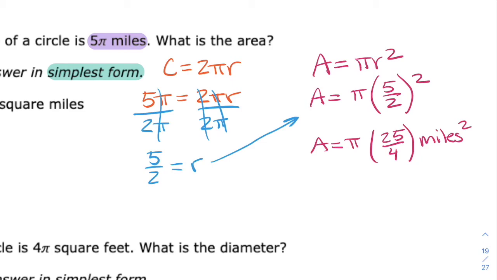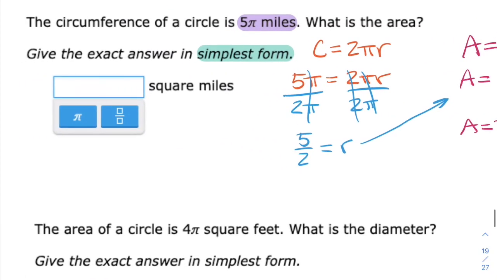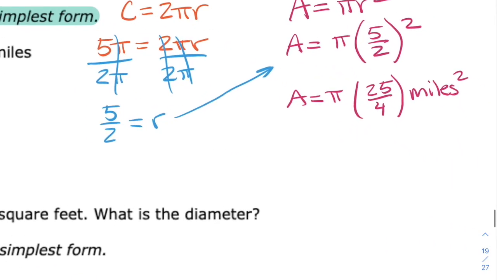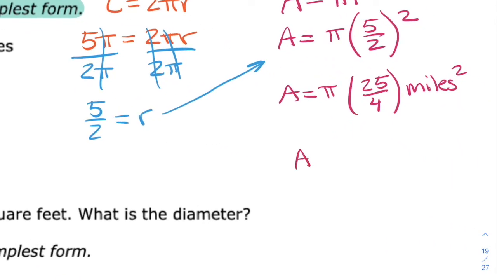So now we want to write it in simplest form. A lot of the times what we do is we just put 25 pi. The pi is in the numerator, even though, think about it as over 1. So just write it with the numerator, 25 pi, always put it after miles squared.